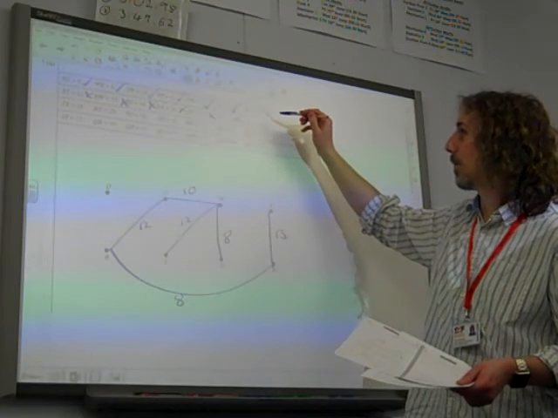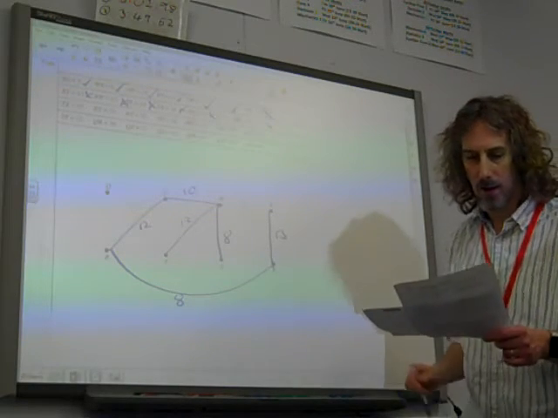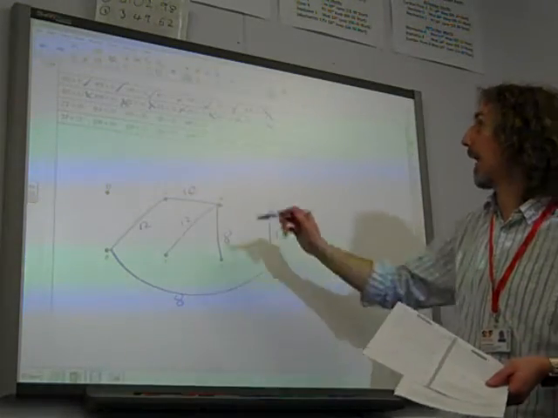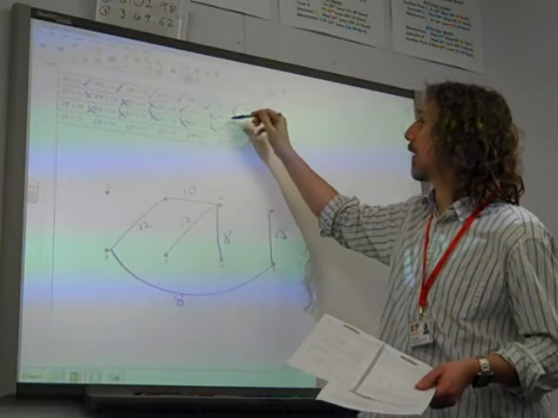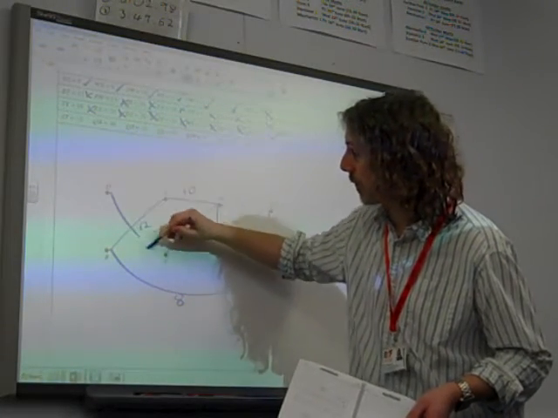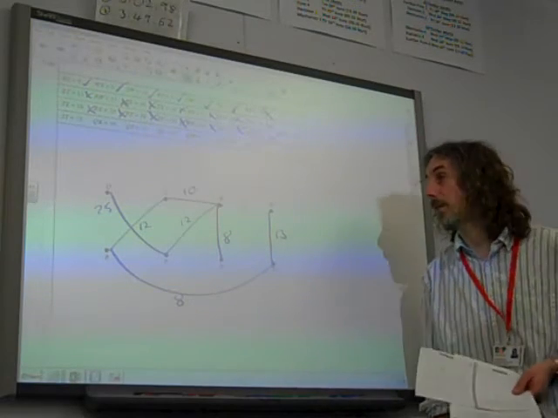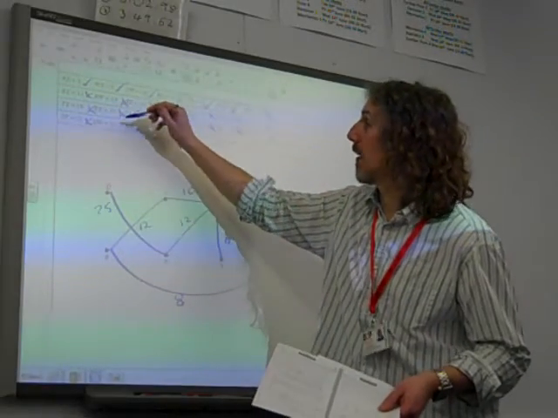SX creates a loop. So does TY. Are we ever going to get one that doesn't? It has to be something to do with Q. So all of these are going to create loops until we come to that one, a distance of 25. Any further ones are all connected now, so any further ones will also create loops.